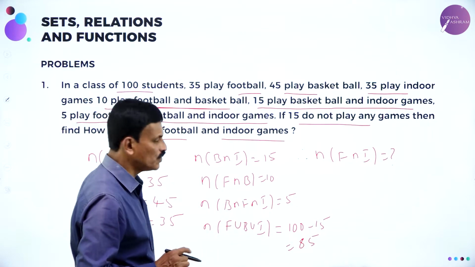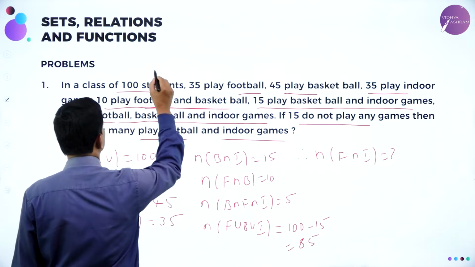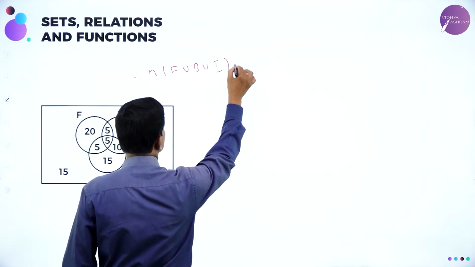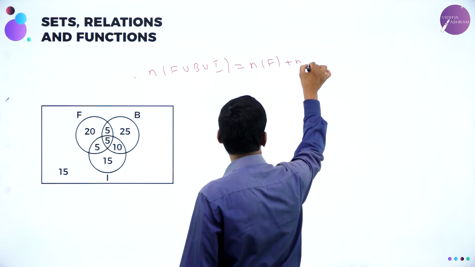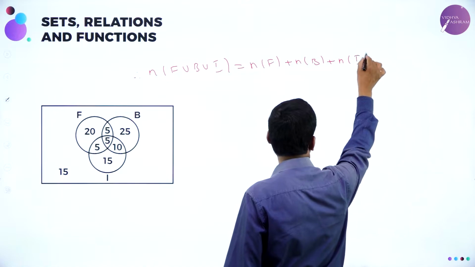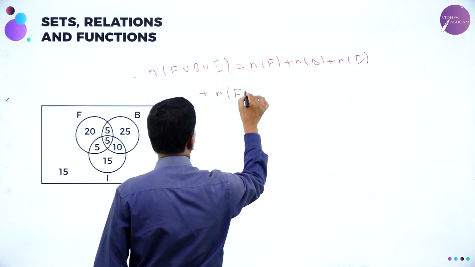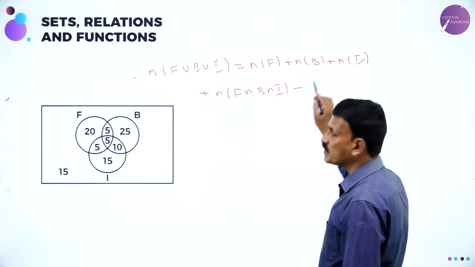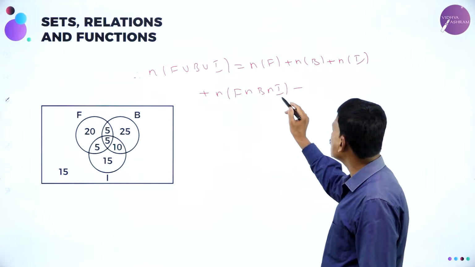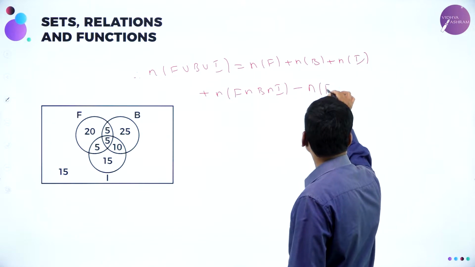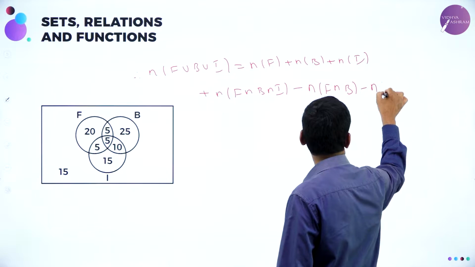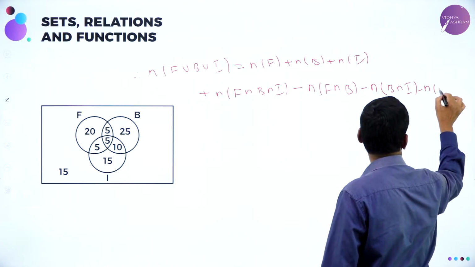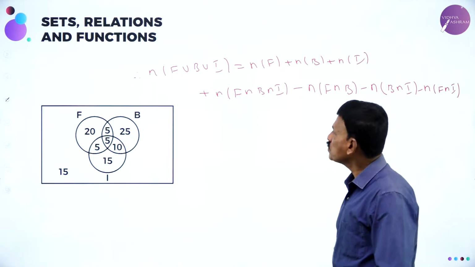So write down n of F union B union I is equal to n of F plus n of B plus n of I plus n of F intersection B intersection I minus n of F intersection B minus n of B intersection I minus n of F intersection I.